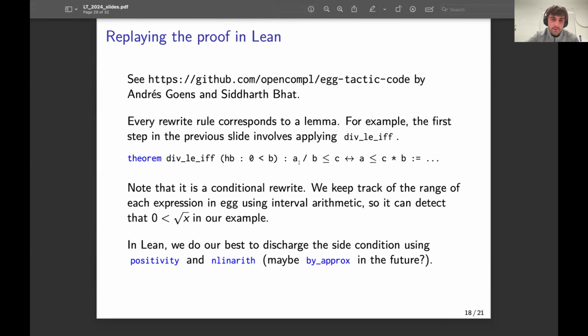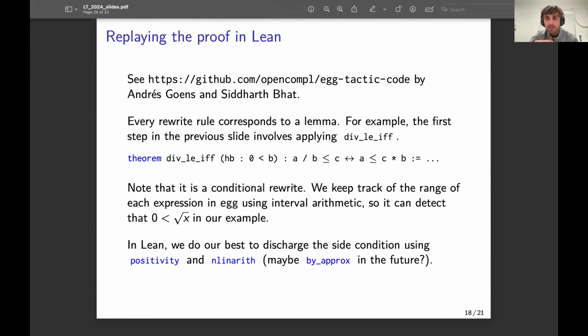Again, a bit of a tricky part about this is that it's a conditional rewrite, and in Egg we use interval arithmetic to keep track of the domain of the variables and every expression. So for instance, because we know that x is bigger than 0, we know that square root of x is bigger than 0. In Lean, we don't really have any tactic that can handle all of these positivity goals.